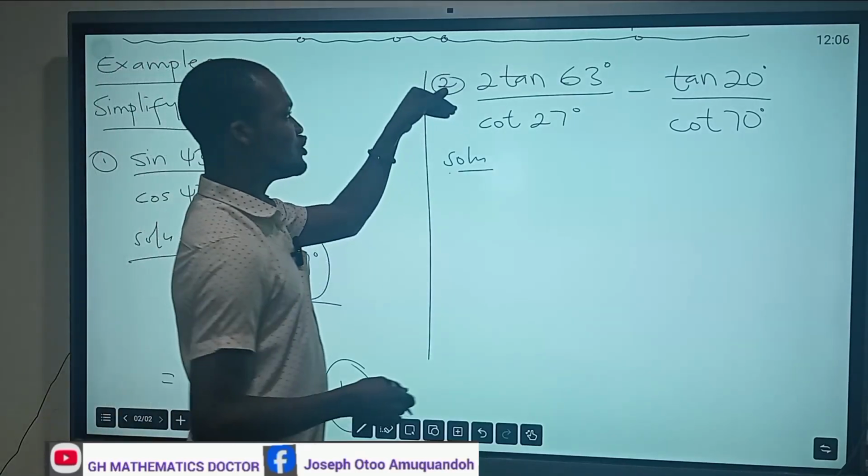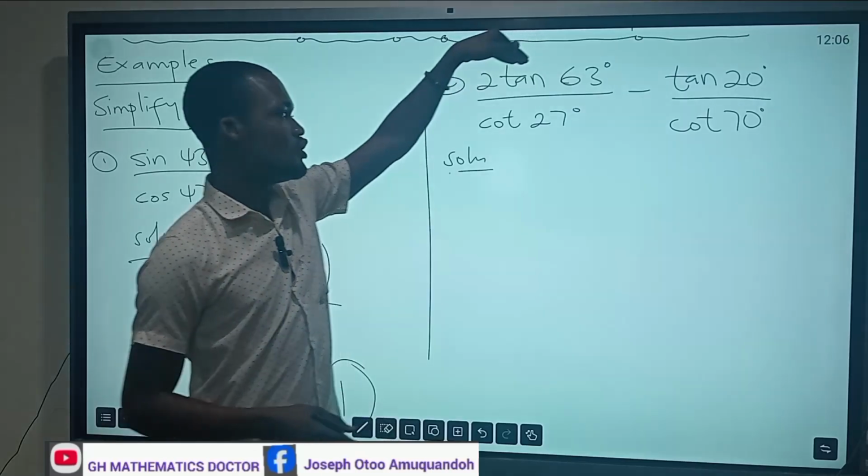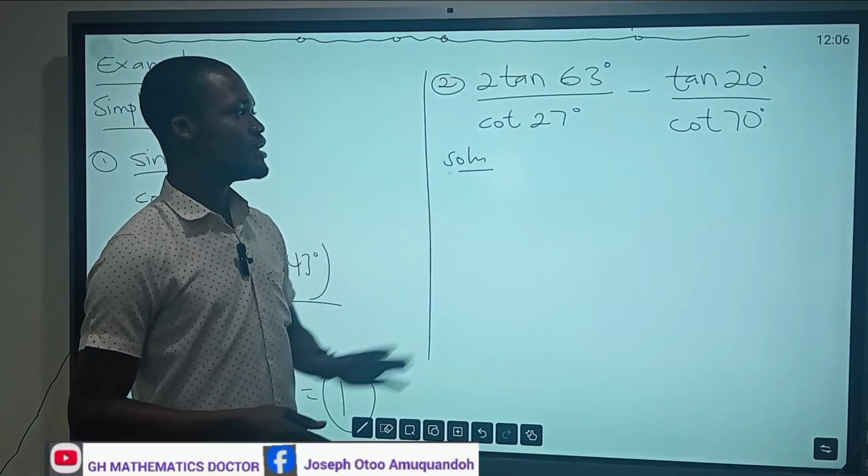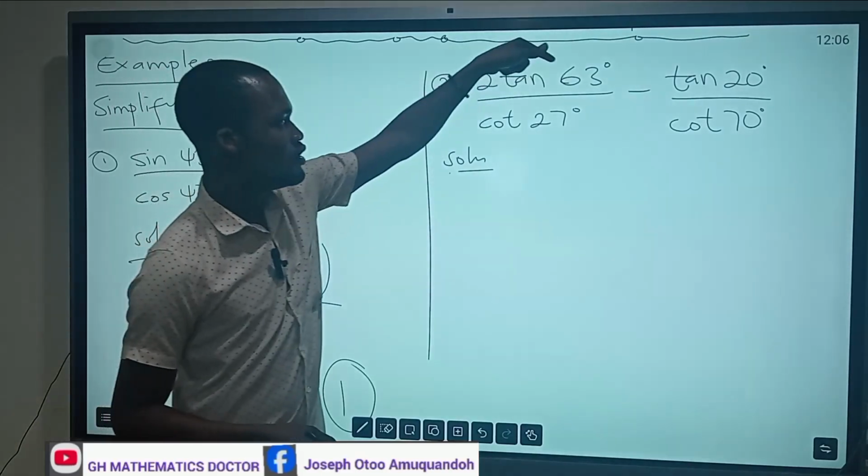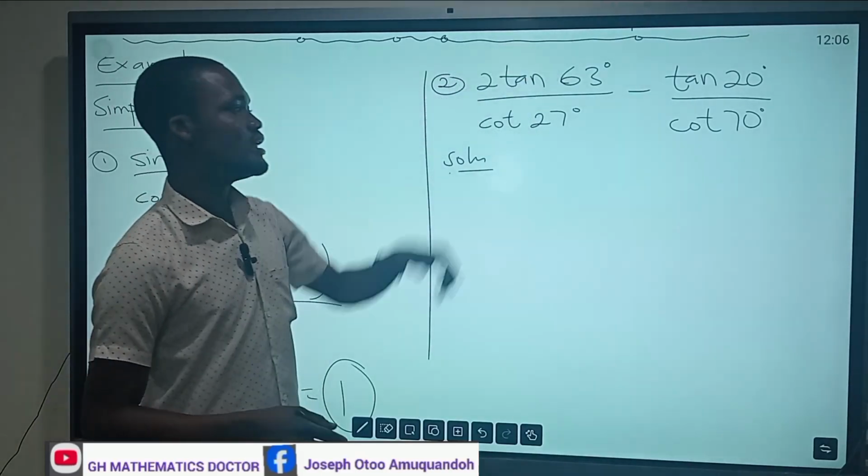Over here, I'm going to change the numerator to cots so that the simplification will be much easier for us. Also look at the relationship between the angles here: they add up to 90 degrees.